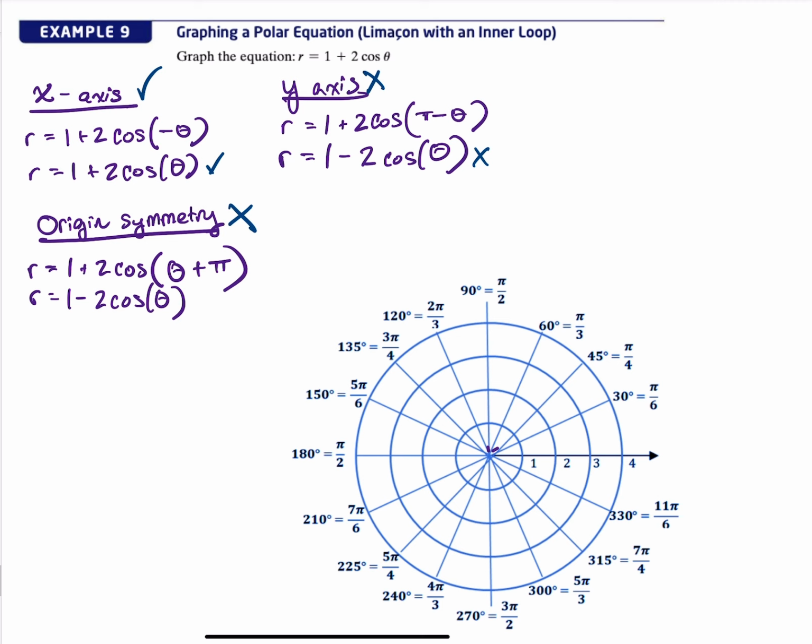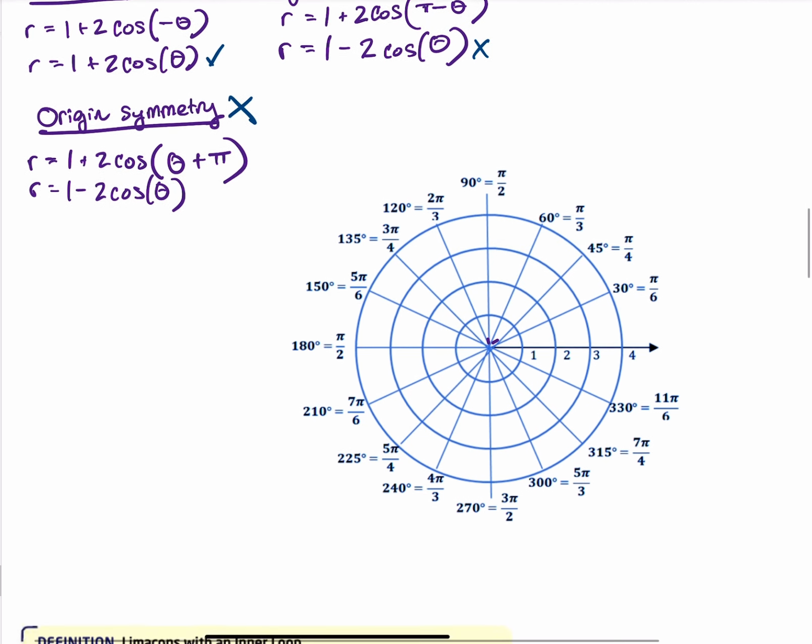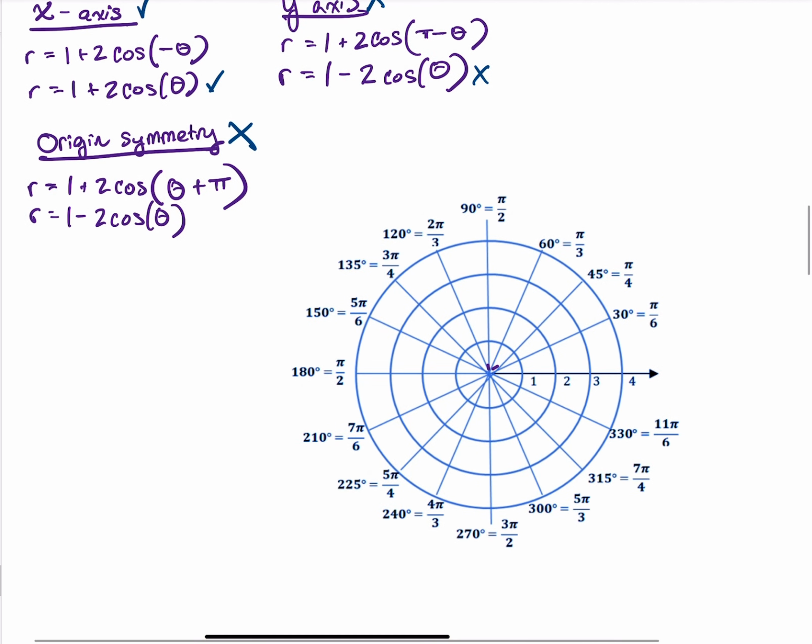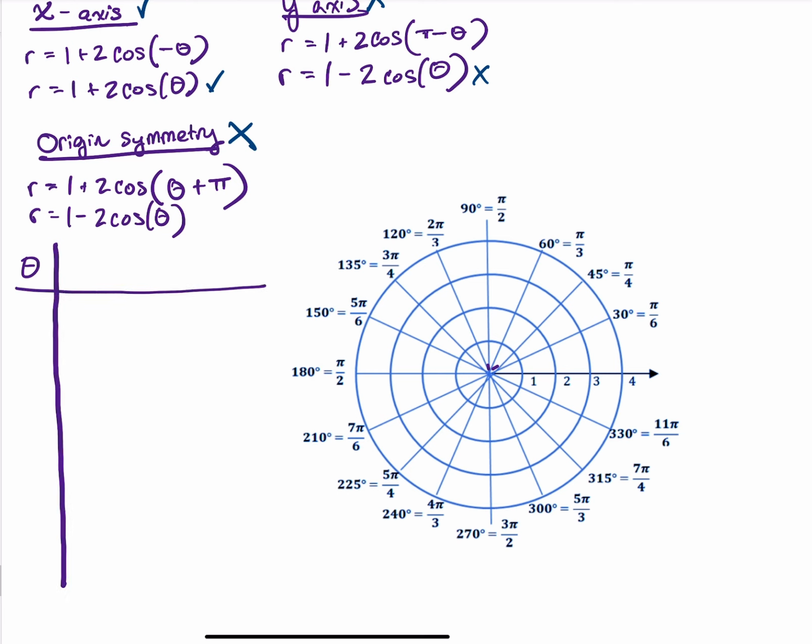So same situation as last time. Let's use those same angles from 0 to pi. So this time r is equal to 1 plus 2 cosine of theta. Plugging in 0, we get 1 plus 2 times the cosine of 0, which is 1, so positive 3.